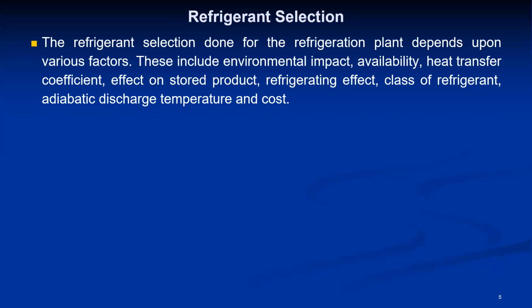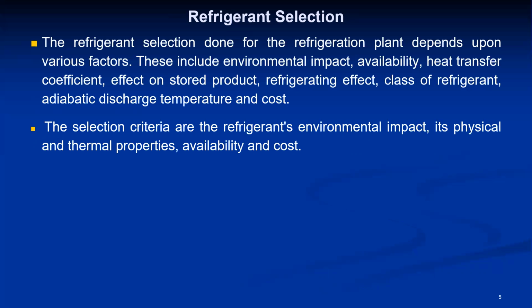So for 4,000 TR, 4,000 kg of gas is required. Especially if the capacity exceeds 1,000 TR, the cost of the refrigerant plays an important role. For a small system it doesn't matter much, but for a large system the cost matters a lot.